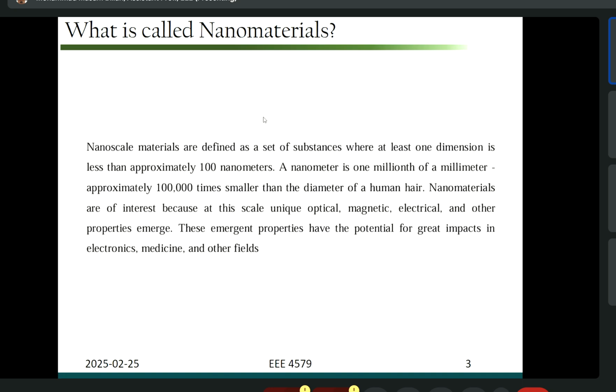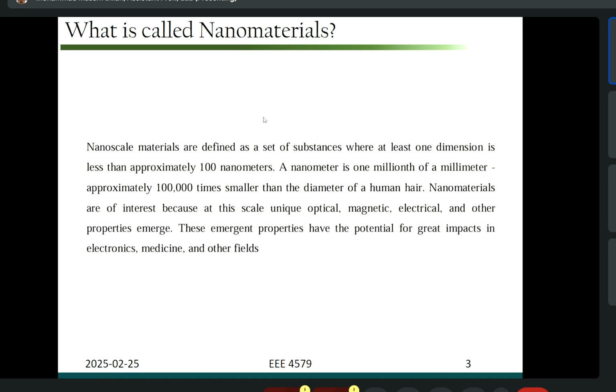In that definition, any material can be a nanomaterial, provided that at least one of its critical dimensions is less than 100 nanometer. So if a semiconductor device or any other device has a thickness less than 100 nanometer altogether, or a single layer, it can be regarded as nanomaterial.